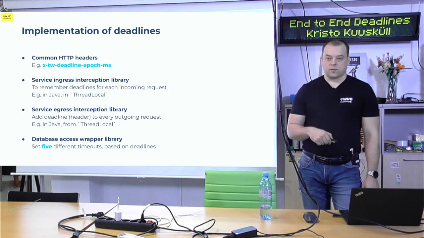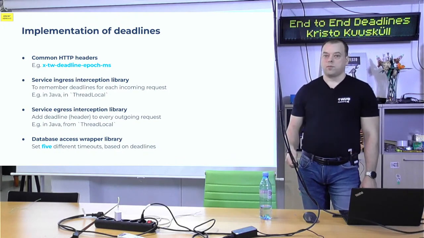Our method was to propagate a timestamp, which has the benefit of being more accurate. The downside is that clock skew at the end of the call chain can make the deadline appear passed too early.